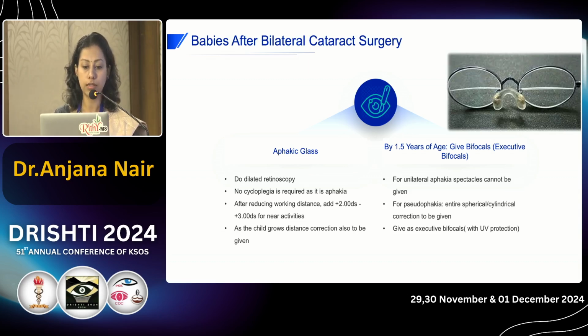And since the kids' activities are more near activities, after reducing the working distance, you add plus 2 to plus 3 diopters for the near activities. And as the child grows, you also add the distance correction to these glasses. And by the age of 1.5 to 2, it has to be changed to an executive bifocal.